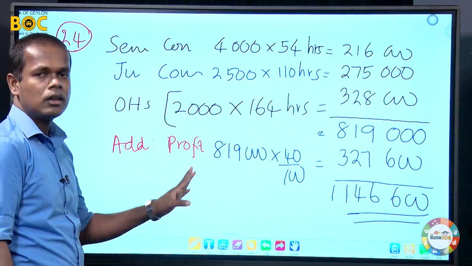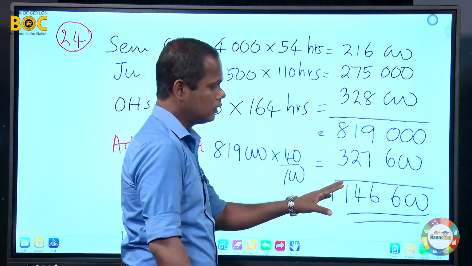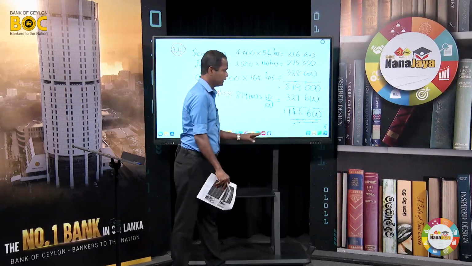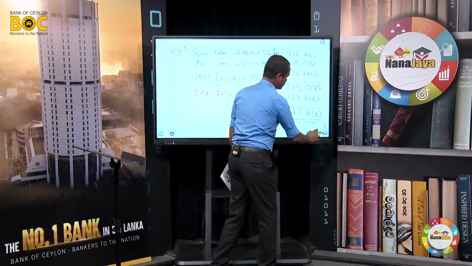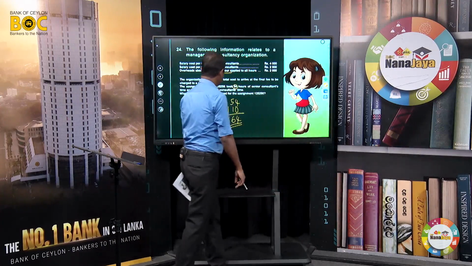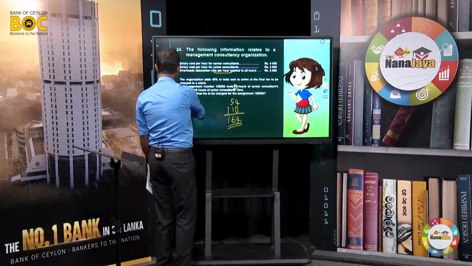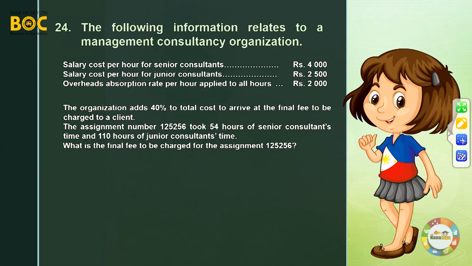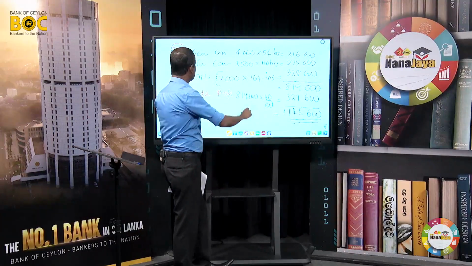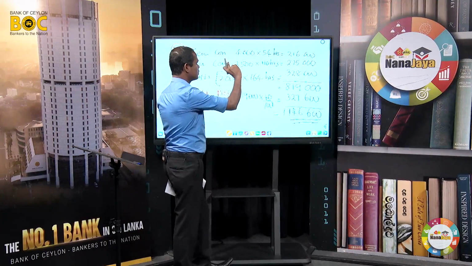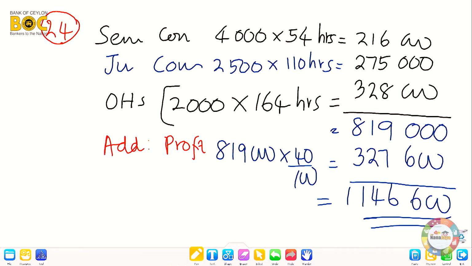The 1,146,600 is the assignment fee or the final fee, the fee to be charged. You calculate senior consultant fees, 54 hours into 4,000.